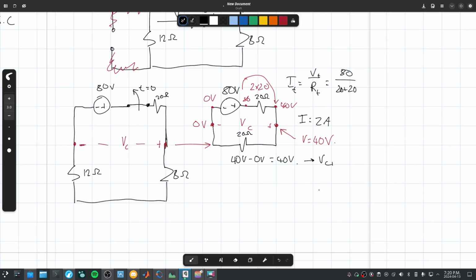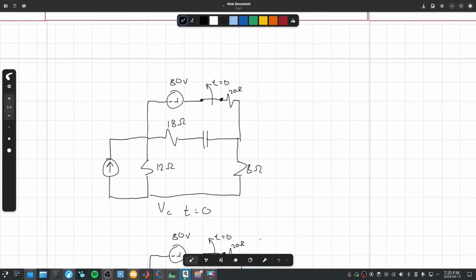That's 2 amps. And using that, we can find the voltage drop across this resistor, which is 20 ohms, and thus 40 volts. 2 amps times 20 ohms. That's it. So, 40 volts, that difference.